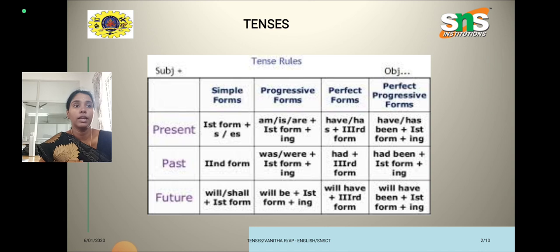Just as time is divided into three parts, tenses are also divided into three parts: past tense, present tense, and future tense. Before we start with more complicated divisions, there are three rules we should always keep in mind.